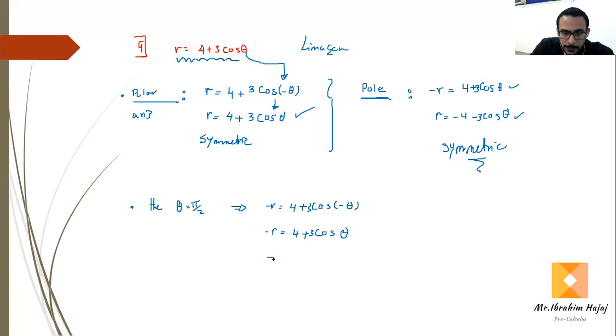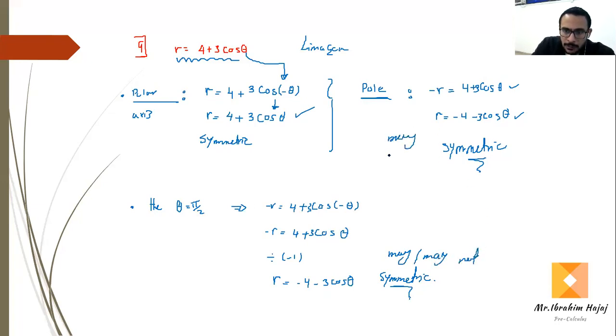Dividing by negative 1 gives r equals negative 4 negative 3 cosine theta, which is also what? May or may not be symmetric. You say it like this: may or may not be symmetric about the line.